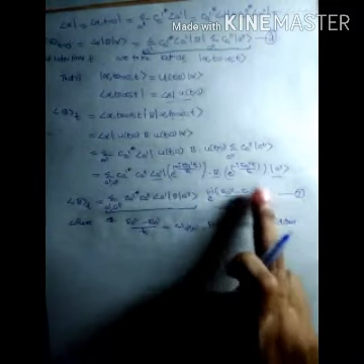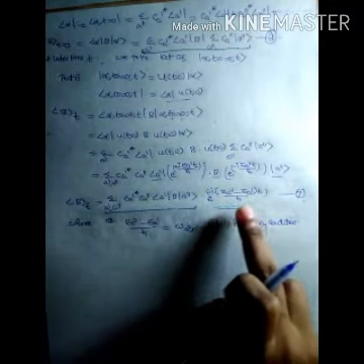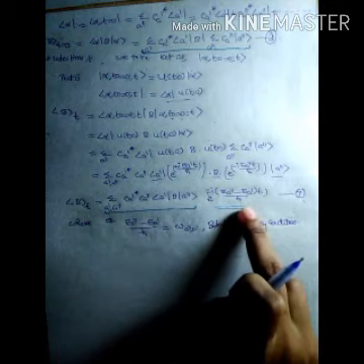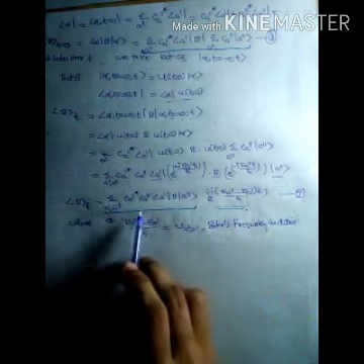So we can conclude that there is an oscillating term in equation 3, except the initial term.